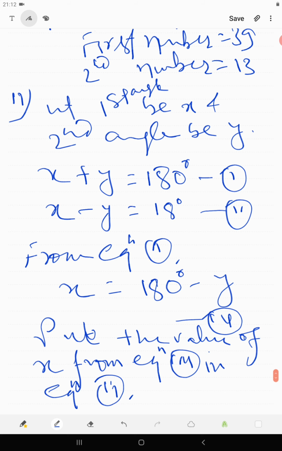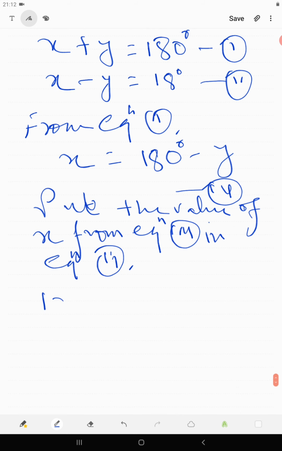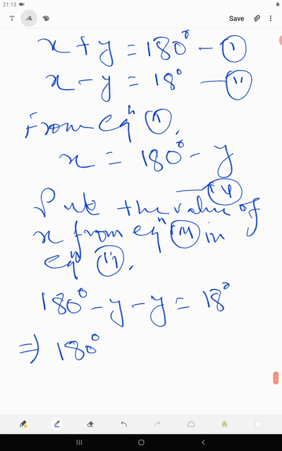So what will we get? x is 180 minus y, and then minus y equals 18 degrees. Simplifying, 180 degrees minus 2y equals 18 degrees.